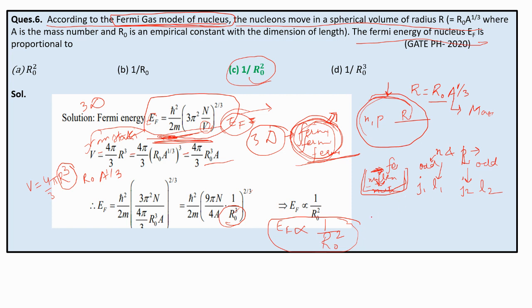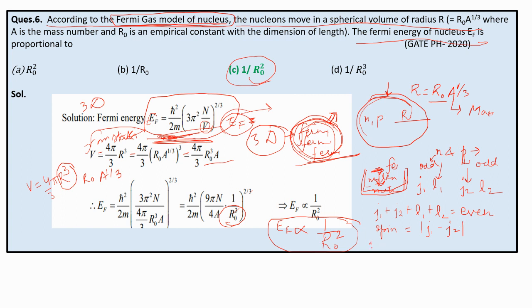So what you need to do is add all these: J1 plus J2 plus L1 plus L2. If it is coming even, then the J value will be J1 minus J2.